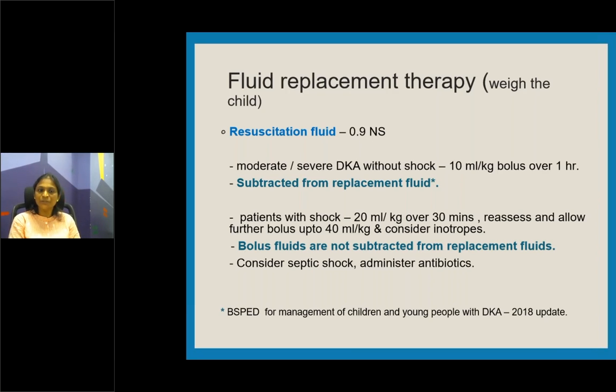When children come with moderate or severe DKA without shock, that means without hypotension and the pulses are well felt, but they have cool peripheries and a prolonged CFT, we can safely give a 10 ml per kg bolus of 0.9 normal saline over 1 hour. This fluid has to be subtracted from the replacement fluid, which I'll tell you how to calculate later.